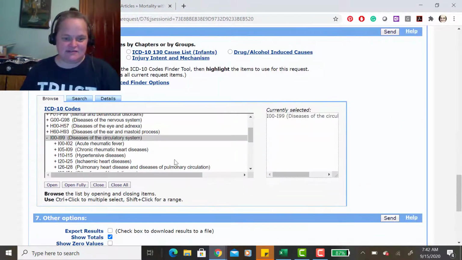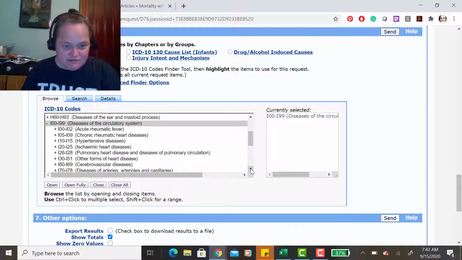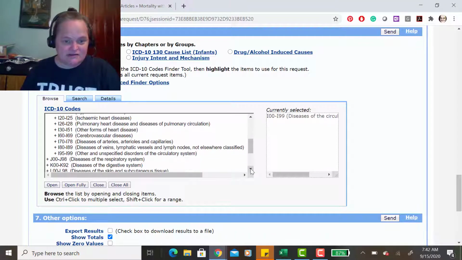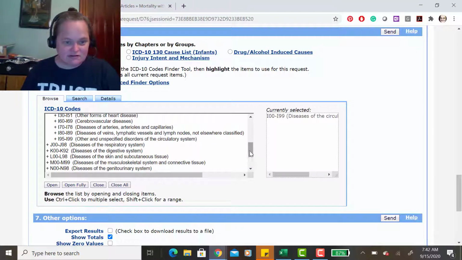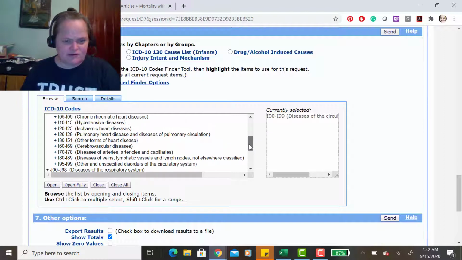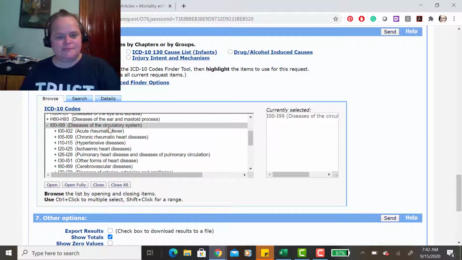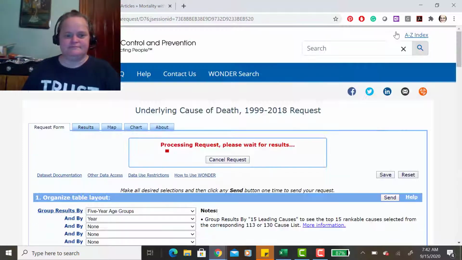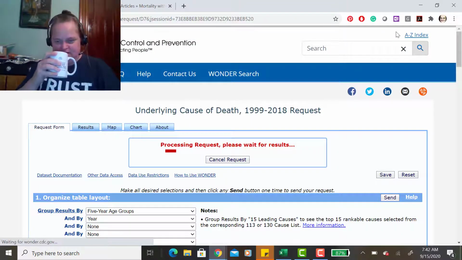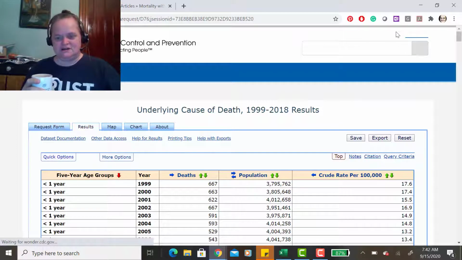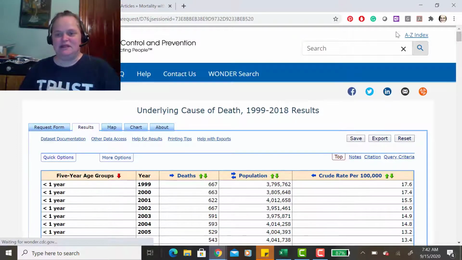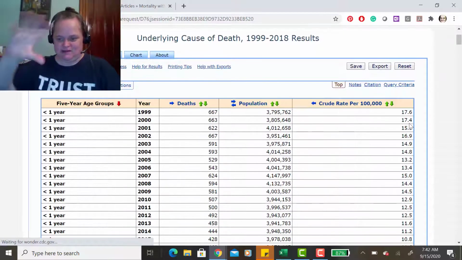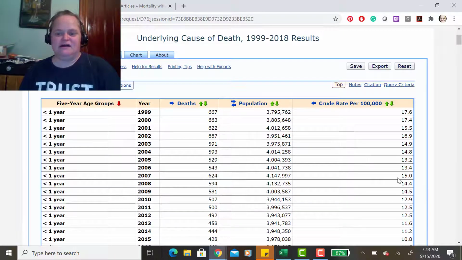And this isn't the best. Let's see, hypertensive, pulmonary heart disease, cerebrovascular, other forms of heart disease. Okay, I'm just going to select them all. Why not? Okay, so that's going to be the same kind of thing. So we just saw it for cancer. For the longest time, heart disease has been the #1 cause of death if we do it high-level categories.